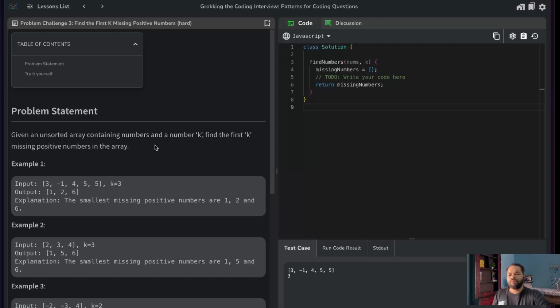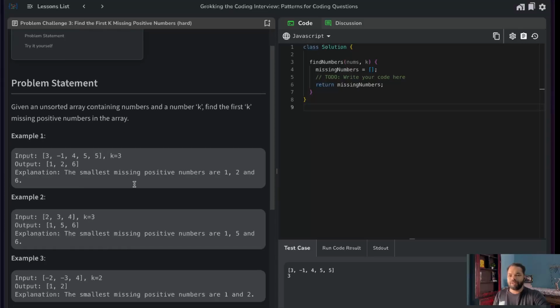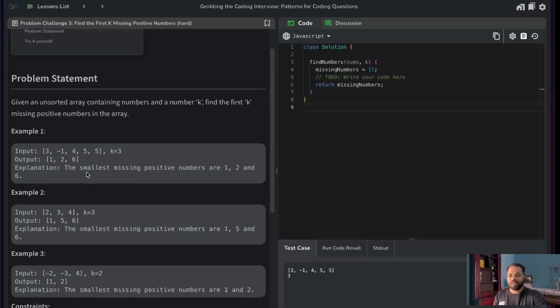Okay, now we move to the hard question, that is to find the first k missing positives. Given an unsorted array containing numbers and a number k, find the first k missing positive numbers in the array. Explanation: smallest missing positive numbers are 1 to 6.